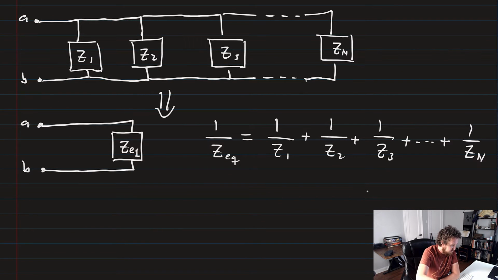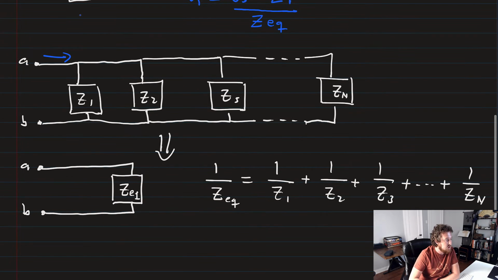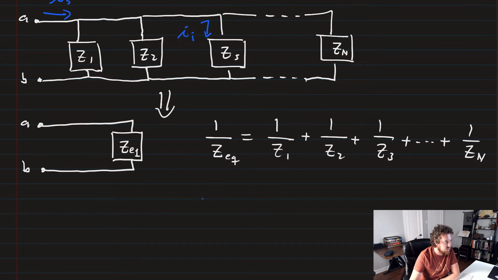Now finally, if we're doing current division, let's say we've got some source current, I sub s, and we want to know the current going through this branch, I sub I. Then the equation is the same current division equation as before.